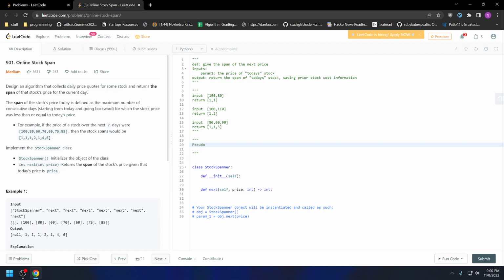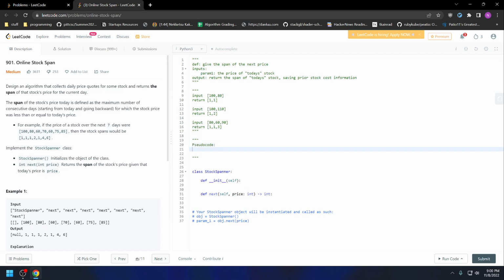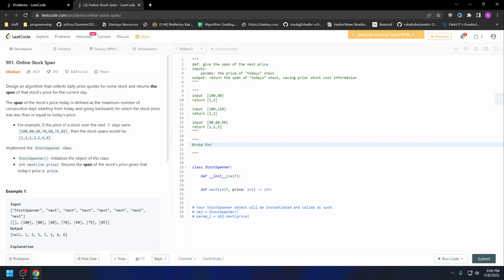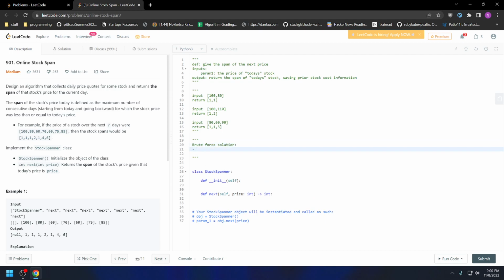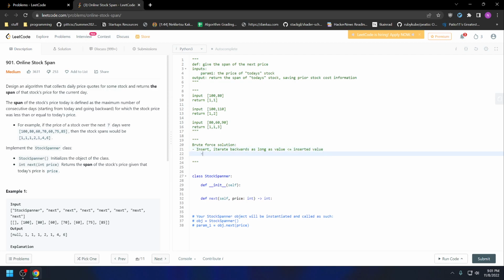Let's think of some pseudocode. Now the brute force solution: insert, and then iterate backwards as long as the value is less than or equal to the inserted value. Return that iteration count.